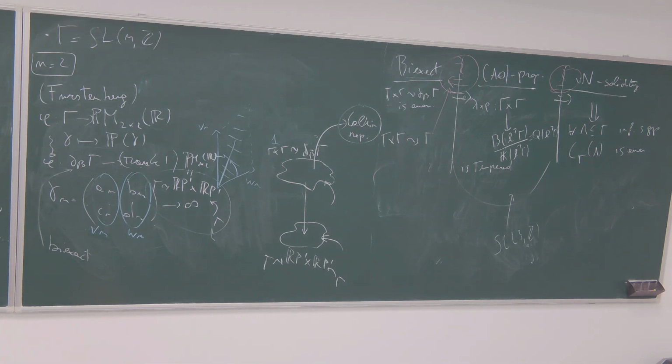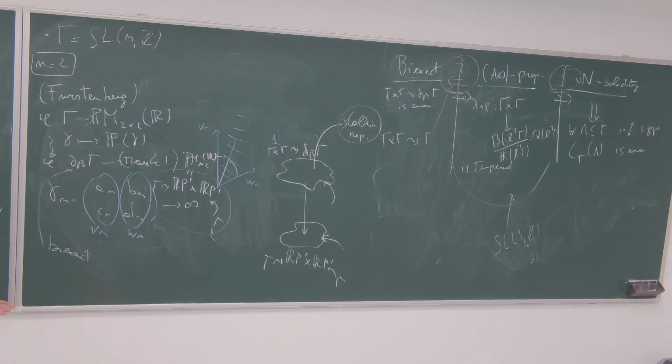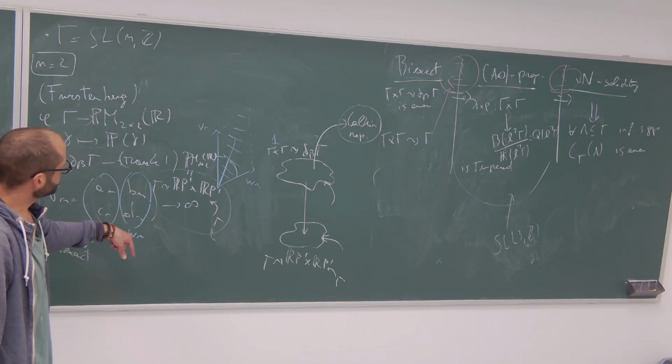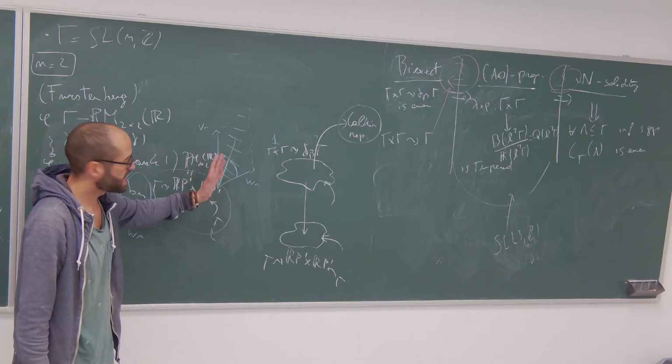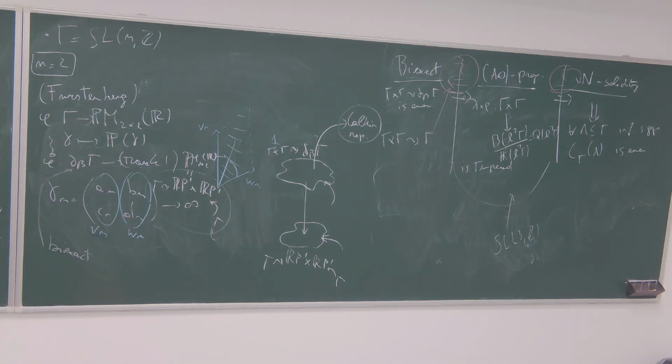Now we want to do the same, and we can repeat the argument before. So we take a diverging sequence of 3 by 3 matrices in SL3Z. And what is the point? Well, if we repeat the same argument, here we will have 3 vectors, and the fact that the determinant should be 1 means that either they all converge to the same direction, or there is a plane, and the third one converges to this plane, up to subsequences.